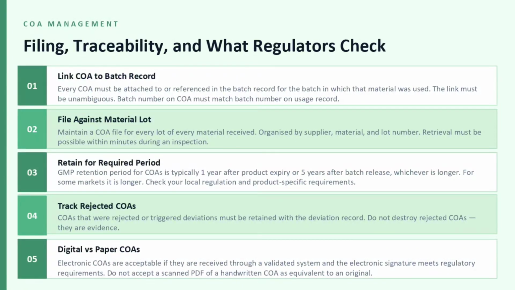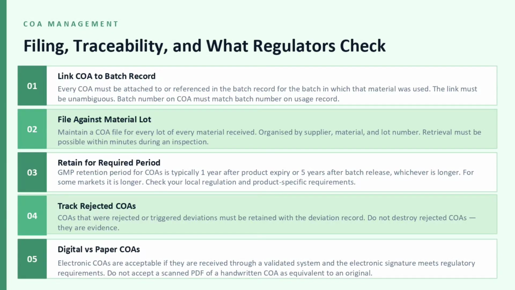Every step in that chain must be documented and retrievable. Maintain a COA file organized by supplier, material type, and lot number. When an inspector asks for the COA for a specific material lot received 18 months ago, you must be able to retrieve it within minutes. If retrieval takes hours or it cannot be found, that signals a document management problem.